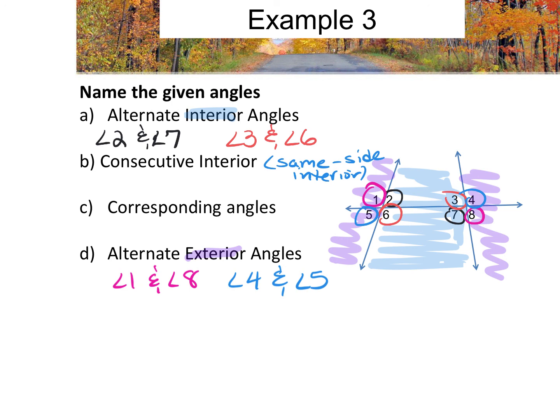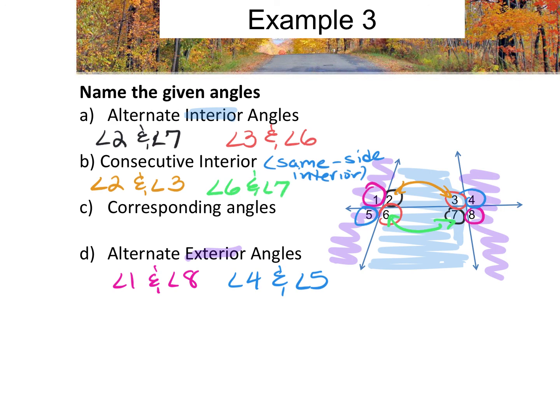How about orange? So same side interior or consecutive interior could be 2 and 3. Or 6 and 7. Let's do green. So 6 and 7 would be consecutive interior or same side interior.